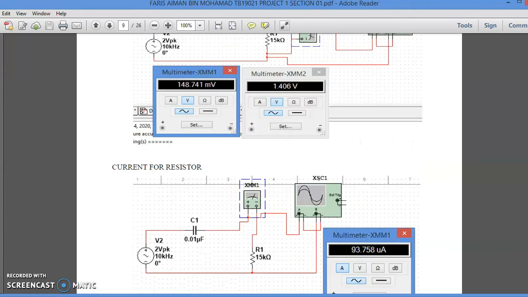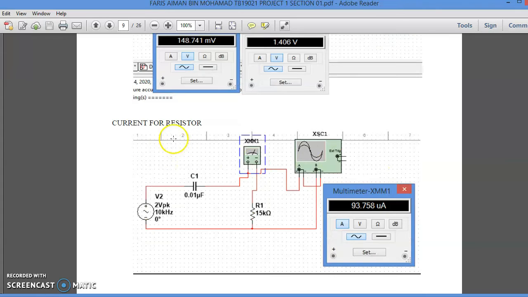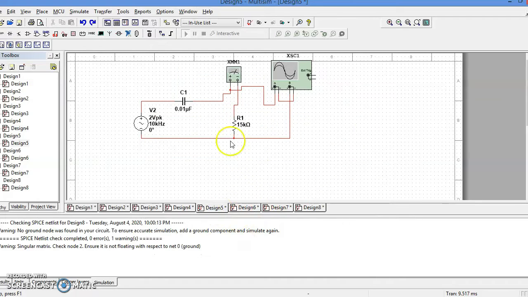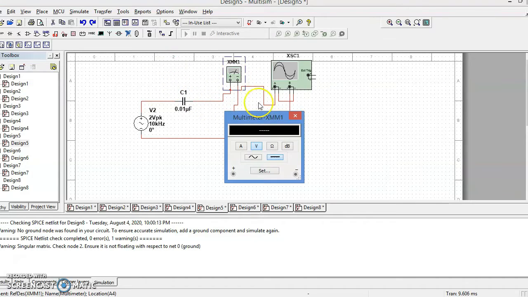For the current, the resistor is, we set up the circuit like this and measure.